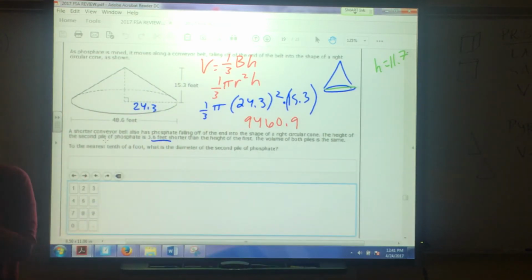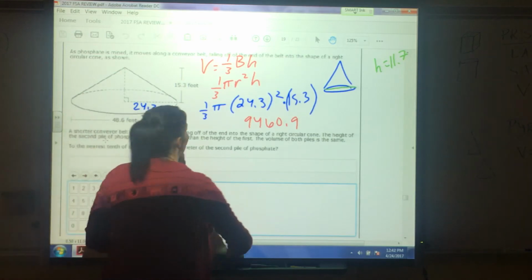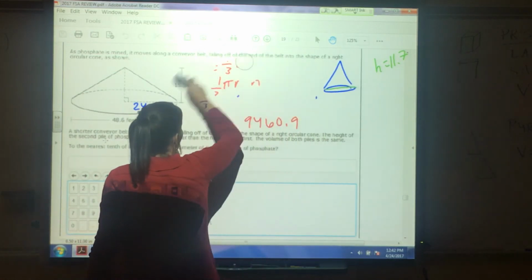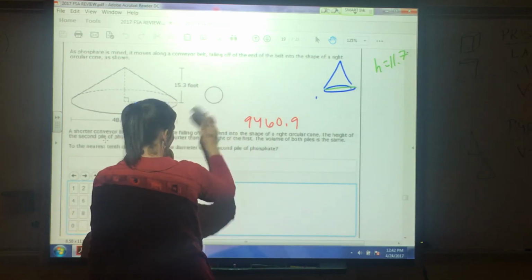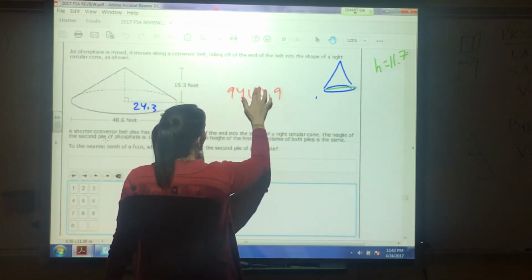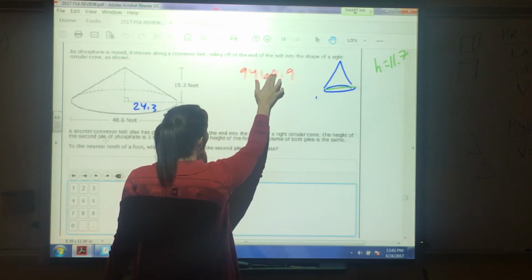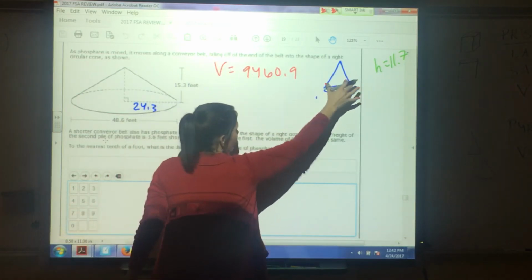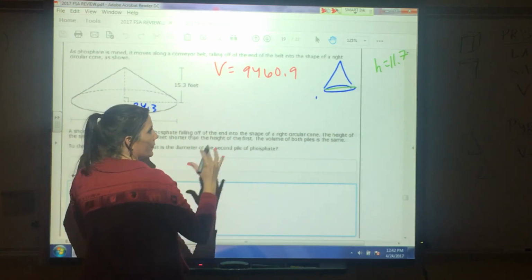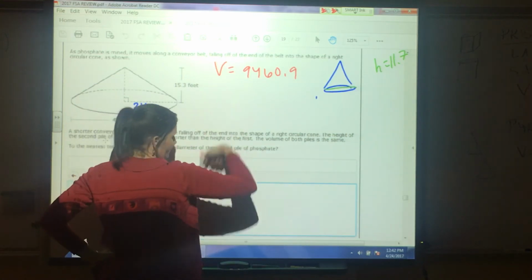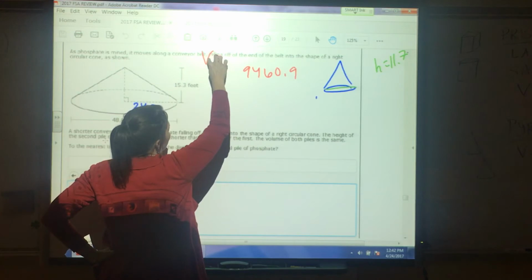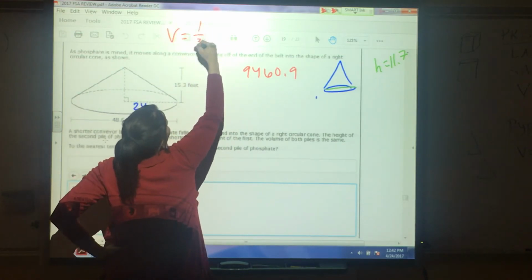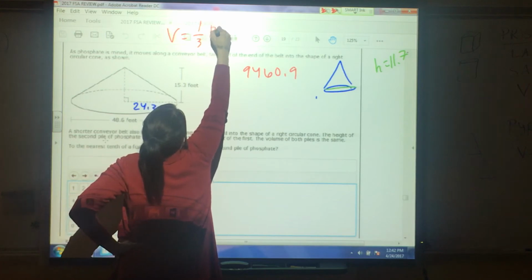Remember, it told us that the volume was the same. So now I'm going to just keep that number. Ooh, I shouldn't have erased all of that, but that's all right. We're going to keep this number, and we know that that is the volume of this. Remember, formula for volume of a cone is 1/3 area of the base times height.